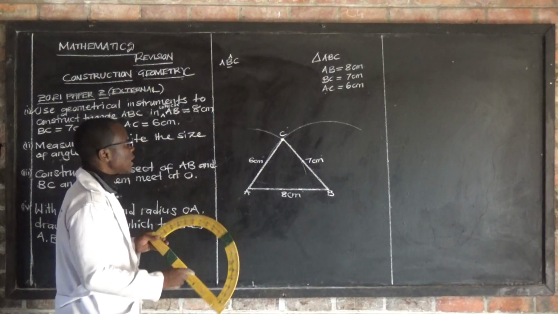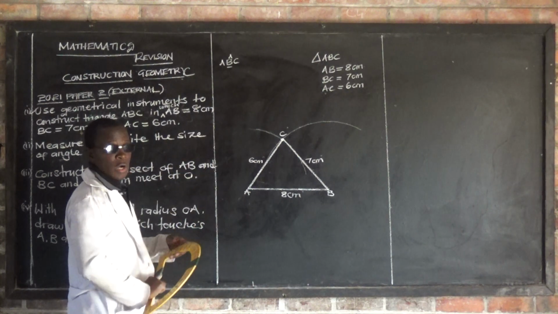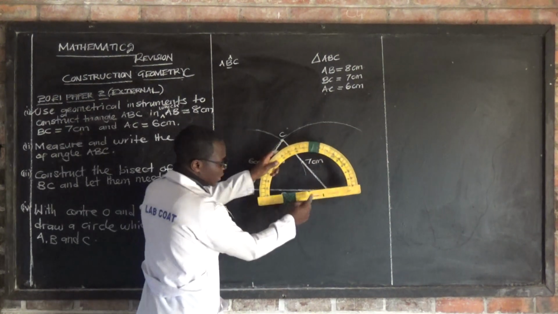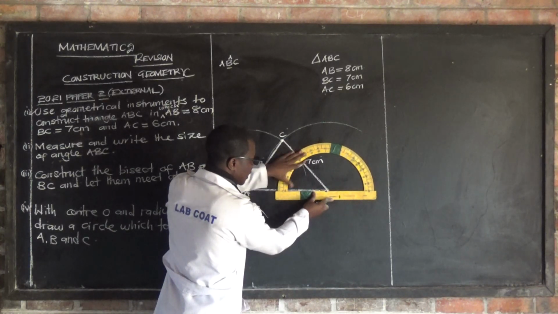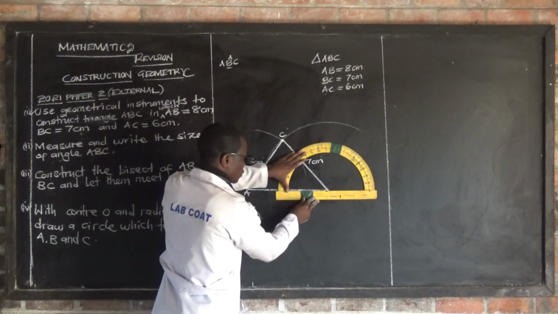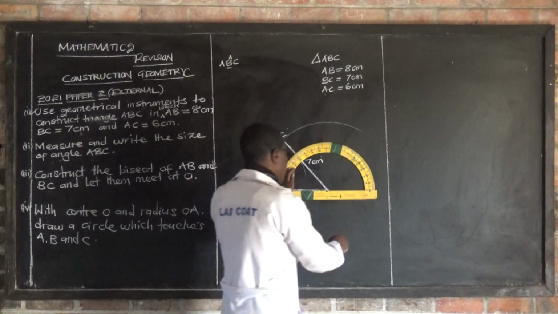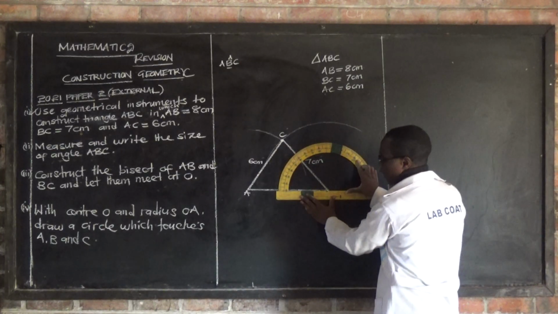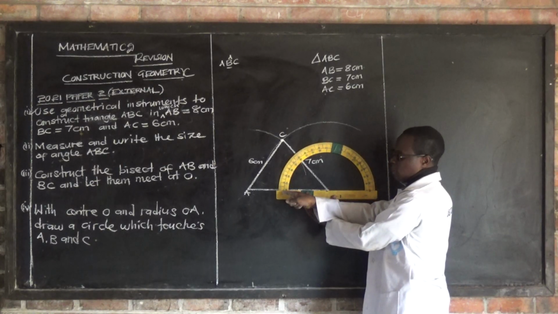Since the angle we want to measure is at letter B, we are going to put this center on point B. And then this line should be straight with this line. So you realize, guys, now the angle I'm measuring, this is 0.